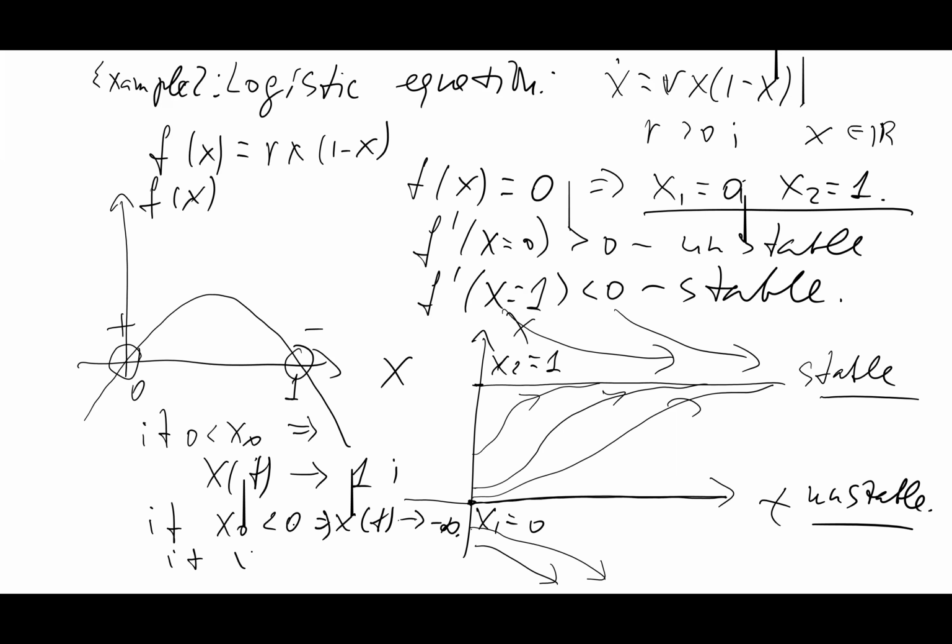And if x naught equals 0, x of t equals 0. These are all the conclusions we can make just by finding equilibria and analyzing their stability. All of this can also be done for this logistic map, which is relatively easy because we can find an analytical, exact solution.